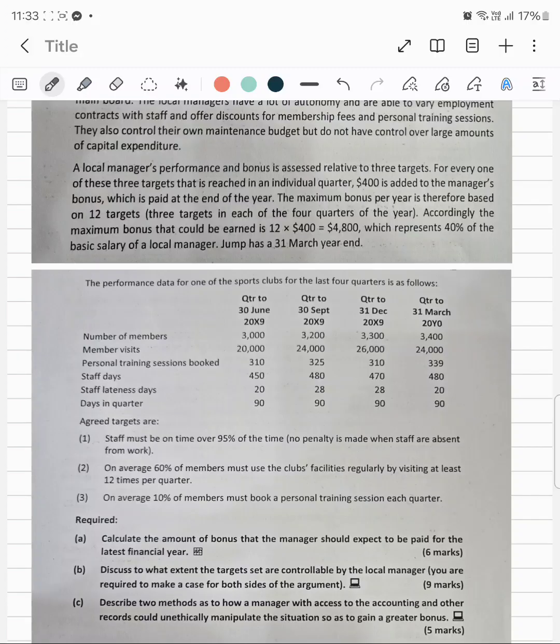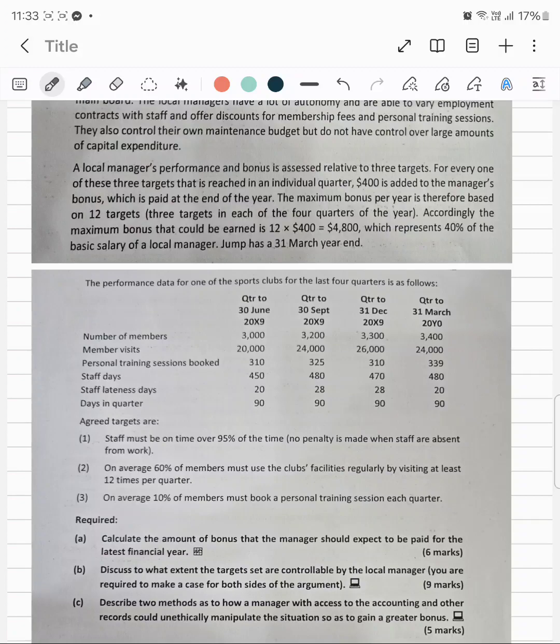A local manager's performance and bonus is assessed relative to three targets. For every one of these three targets that is reached in an individual quarter, 400 is added to the manager's bonus, which is paid at the end of the year.